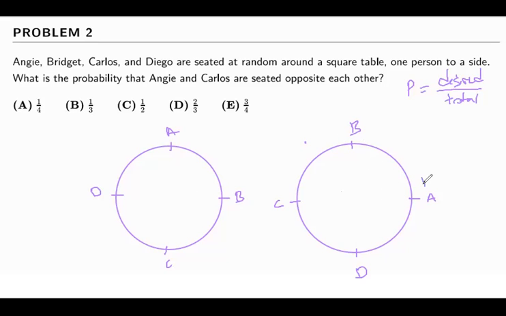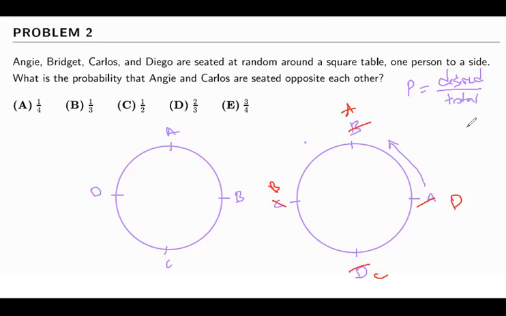A will be here. Let's try to see if this is the same. If I move 90 degrees counterclockwise, that will be A, and then B will be here, and then C will be here, and then D will be here. But this is actually different from this guy. A is right here, C is right here, but B and D change.